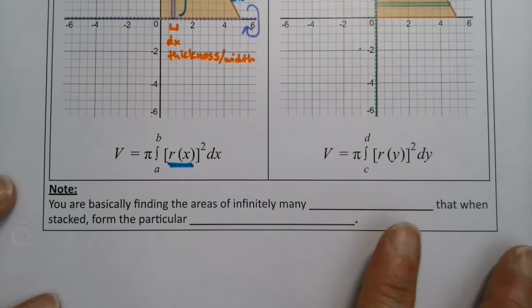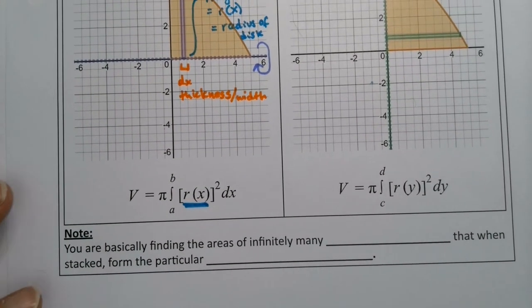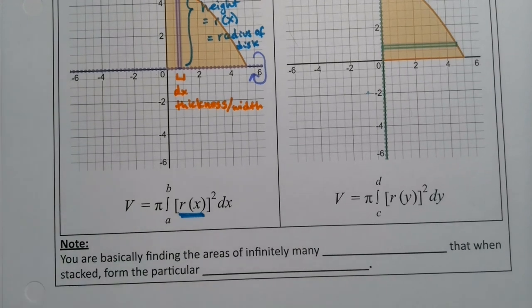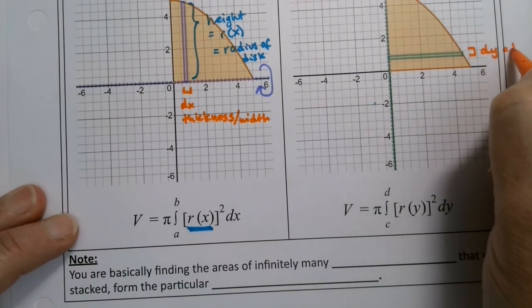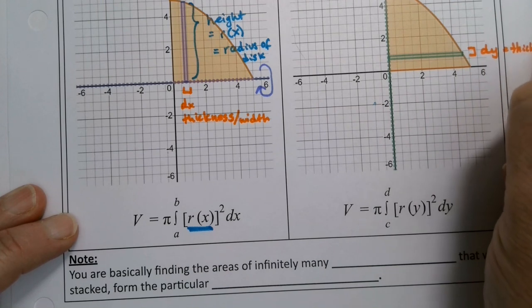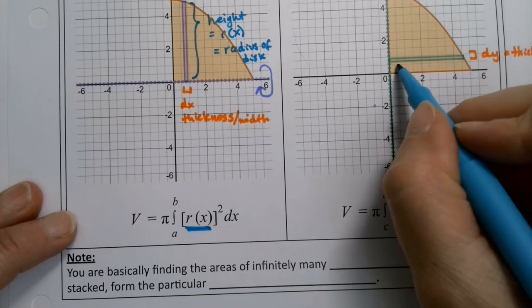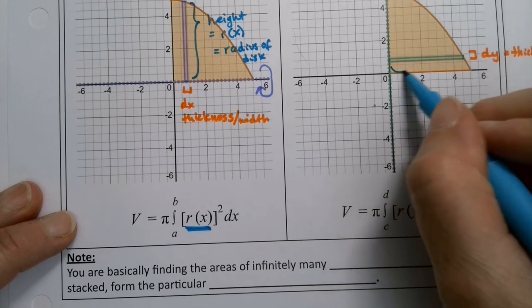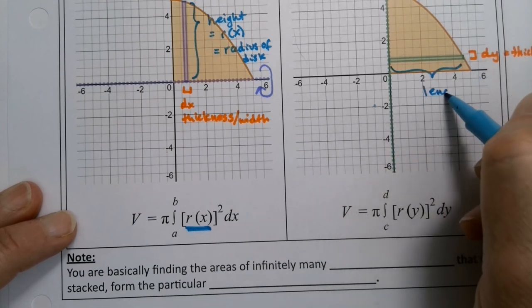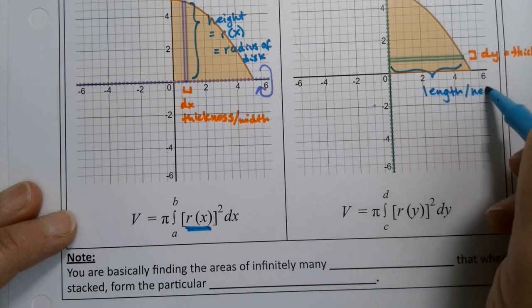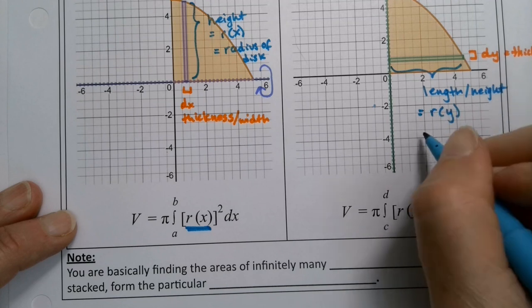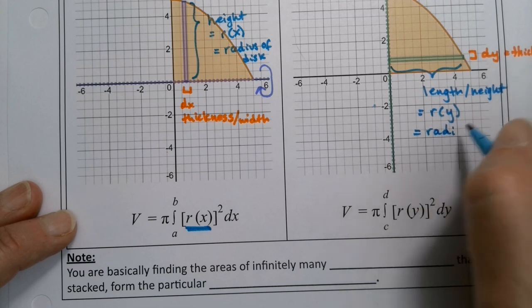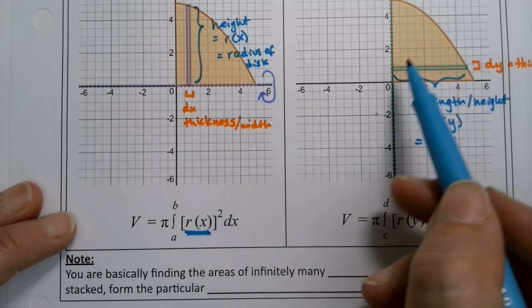And then it works the same way with y as with everything else. I mean, it's all the same stuff. So except with y, this would be dy is my thickness. The length, or the height, whichever way you want to think about it, is r of y, which is the radius of your disk, because you're rotating this way, right?